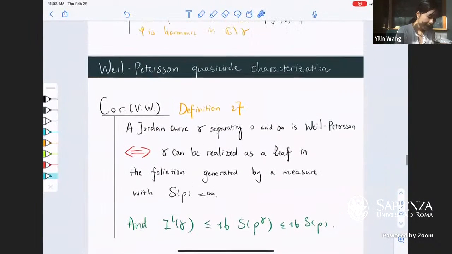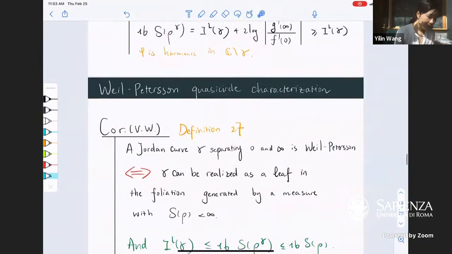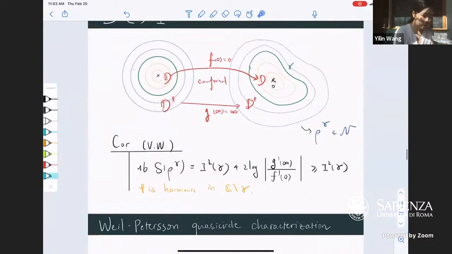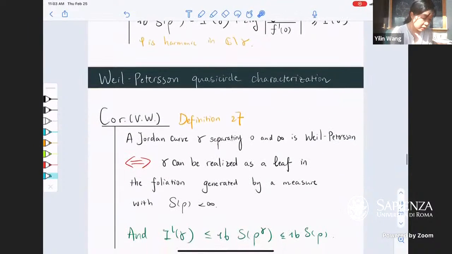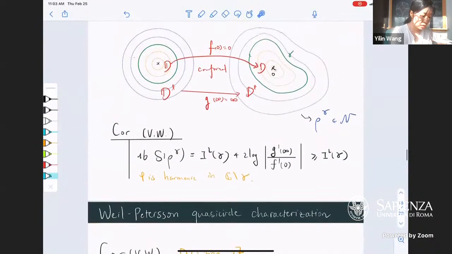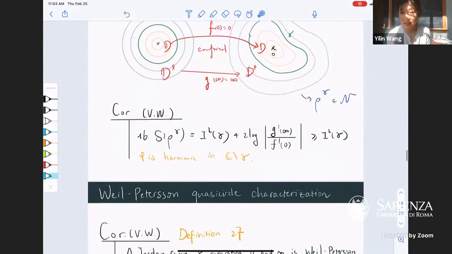Rho gamma is the rho corresponding to this special foliation. It is determined by gamma and the filling with the equipotentials. And the rho is an arbitrary measure having gamma as a leaf. And so inside there can be other things. Okay. Thank you.